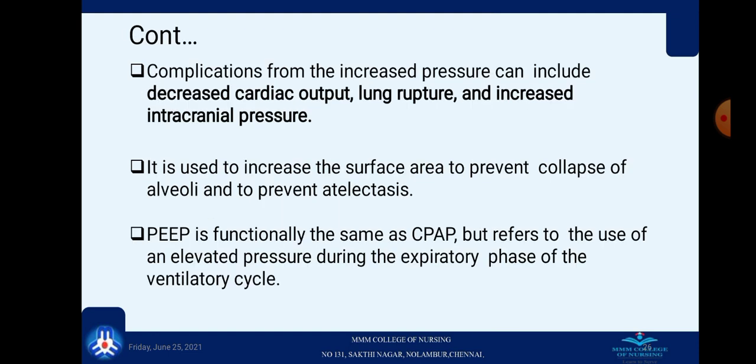Complications from the increased pressure can include decreased cardiac output, lung rupture and increased intracranial pressure. It is used to increase the surface area, prevent collapse of alveoli and prevent atelectasis. PEEP is functionally the same as CPAP but refers to the use of an elevated pressure during the expiratory phase of the ventilatory cycle.